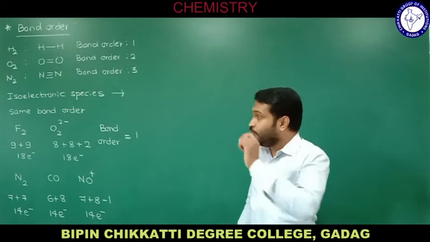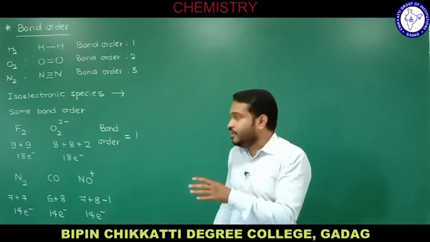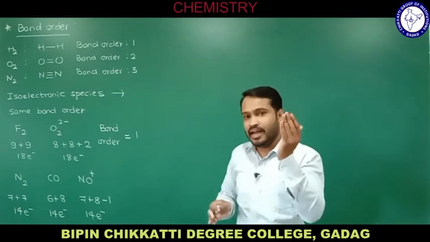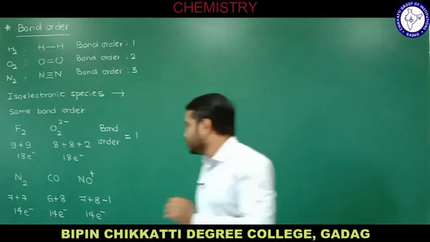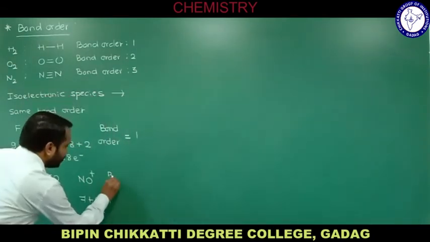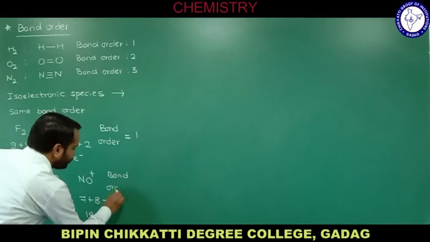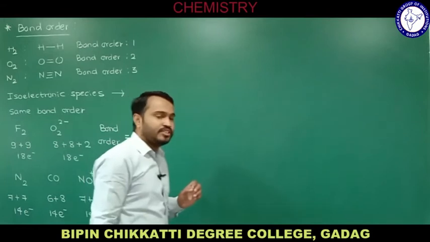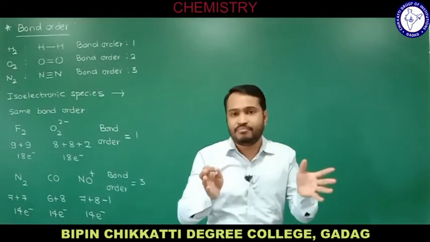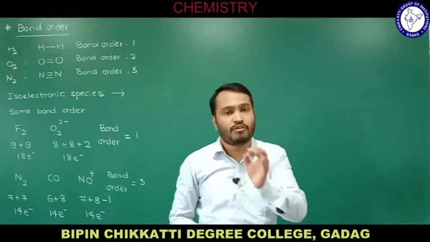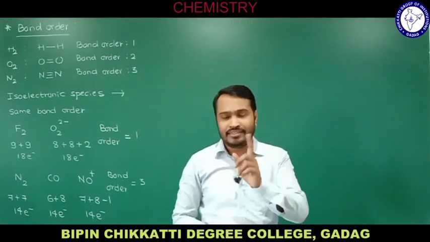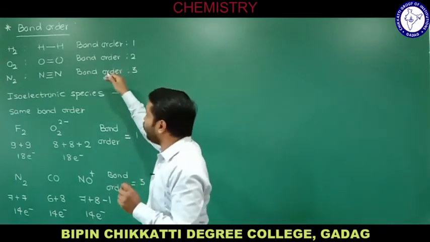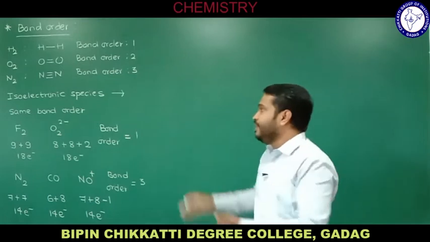So if you know the bond order of one molecule, and you have another species with the same number of electrons, then the bond order will be the same. Remember that isoelectronic species, containing an equal number of electrons, have the same bond order. This is how, in general, bond order stands for the number of bonds and how we can compare species.